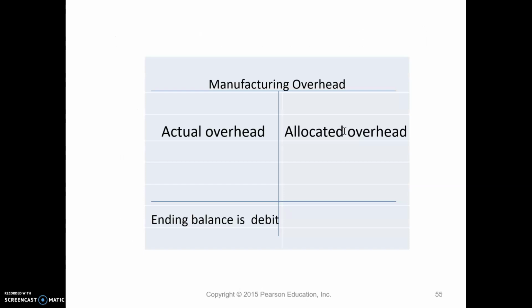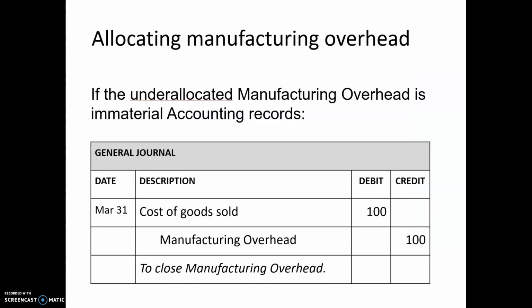So if we didn't allocate enough overhead, we're going to end up with an ending balance of debit in manufacturing overhead. And we're going to close the manufacturing overhead into cost of goods sold. So if it has a debit balance, to close it, we're going to credit manufacturing overhead, and our debit will be cost of goods sold.